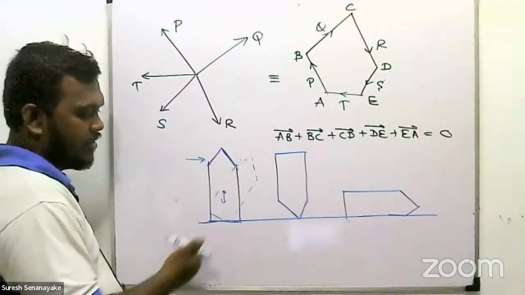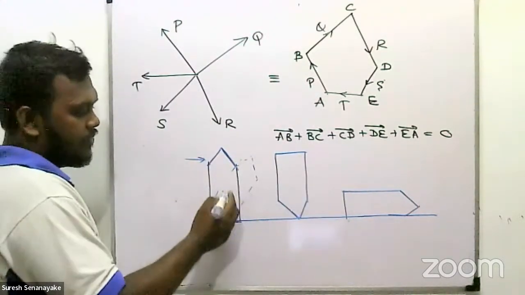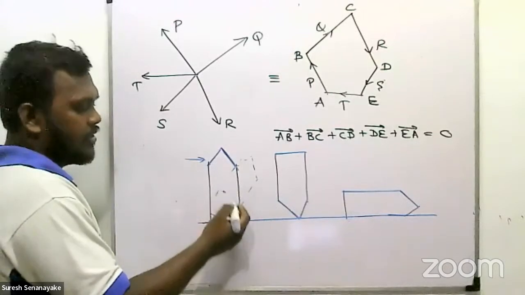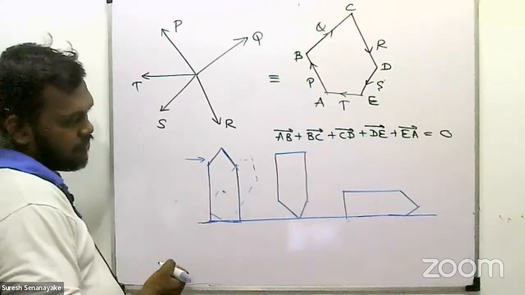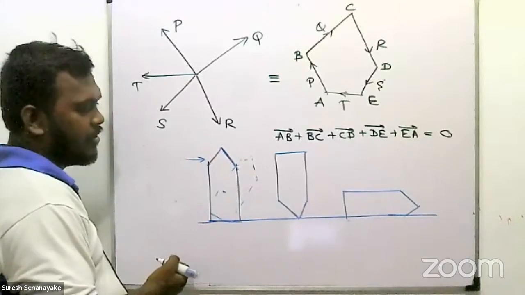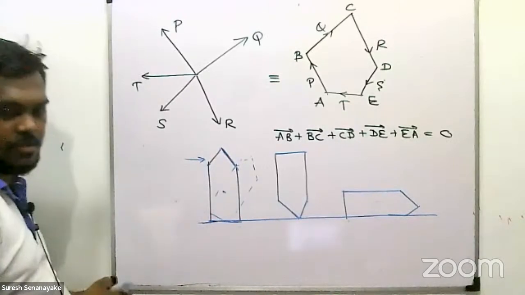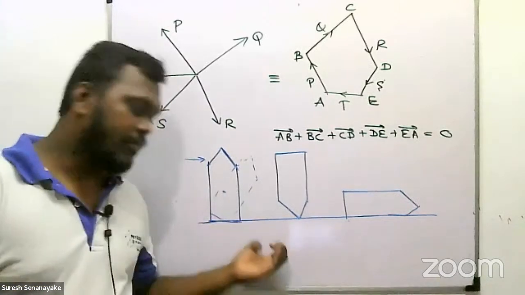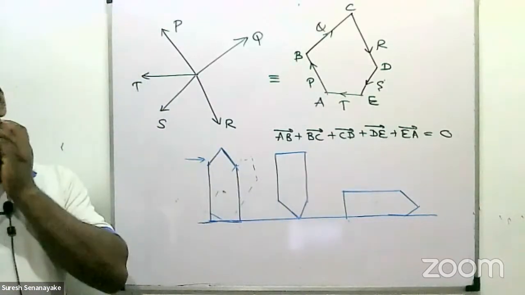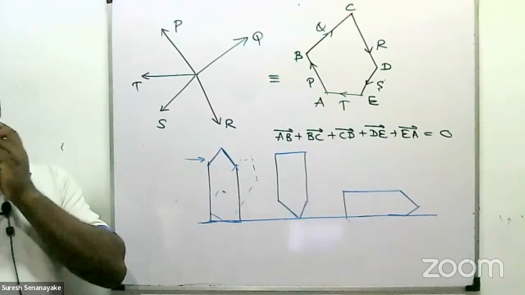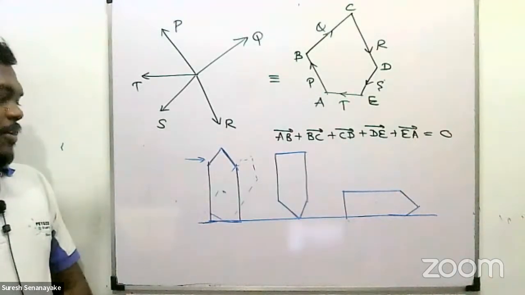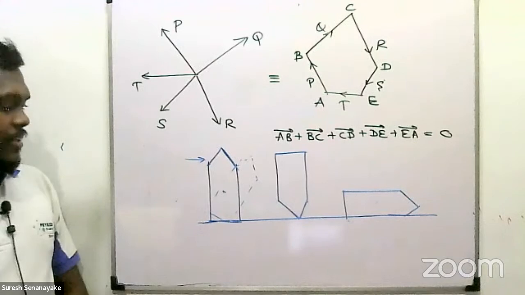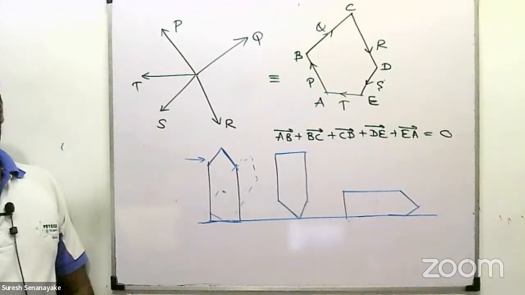So the weight will bring that body back to the previous position. It will not fall down. It comes to the same position, so it is in equilibrium at the same position. That kind of equilibrium we consider stable.